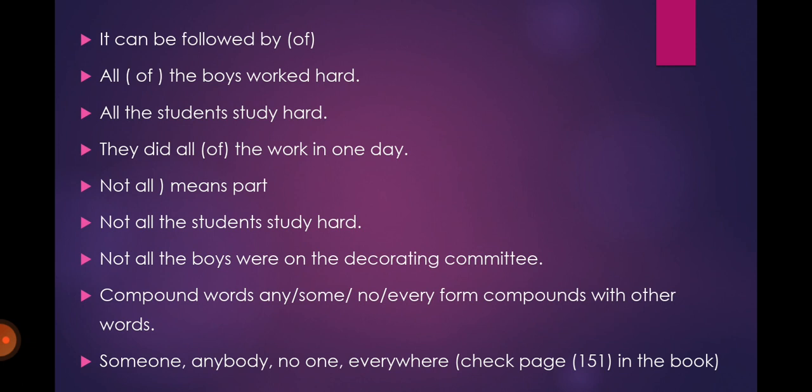You can check page 151 in your book. You have extra information and extra examples regarding compound words. These are very important. I would like you to memorize them. It's the only way you can use them correctly.